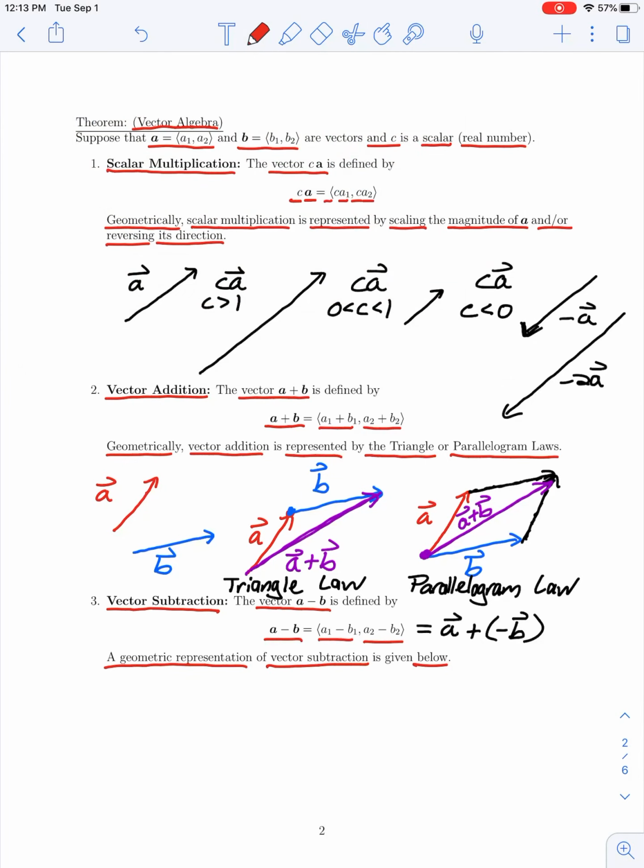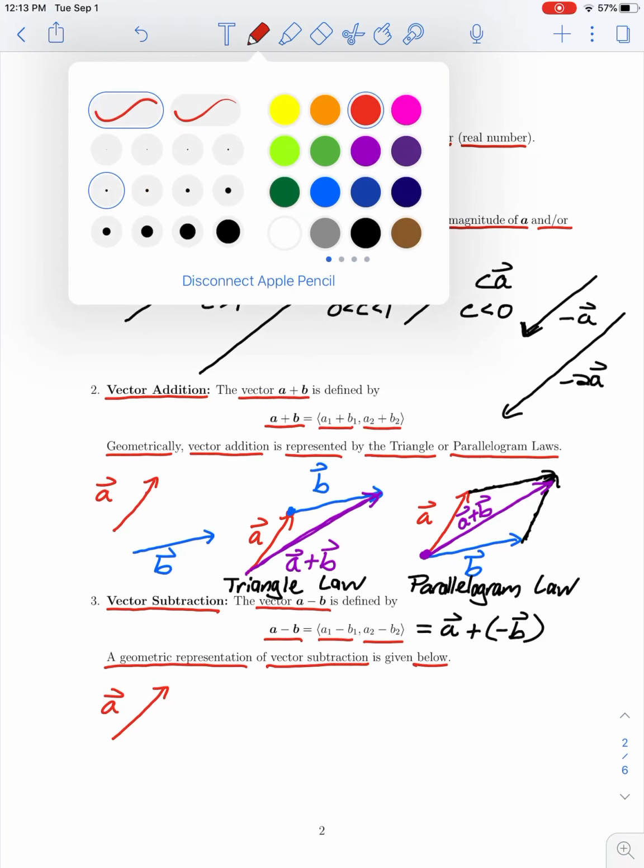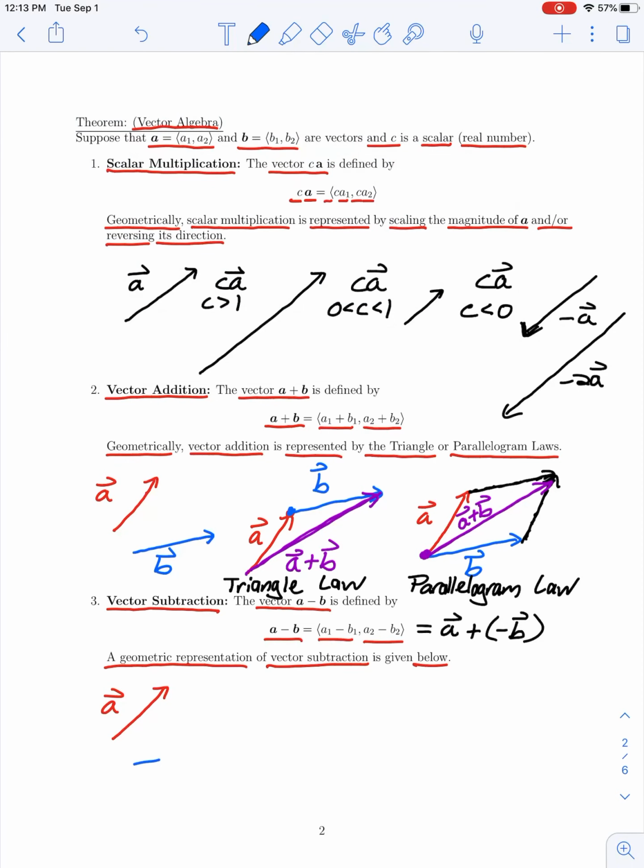Using the same vectors that I did for vector addition, let's suppose that we have a vector A whose representation is shown here, and a vector B whose representation is shown there. When we take negative B, we would get the vector that has the same length as B, but is acting in the exact opposite direction. We just reverse the direction of the vector B.